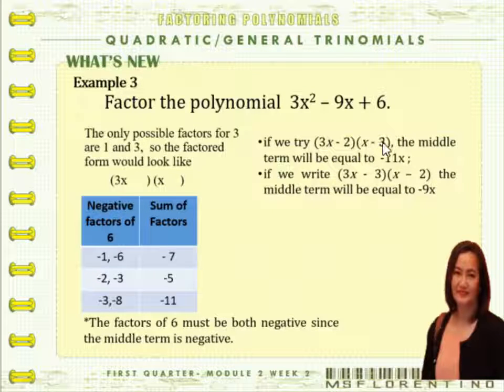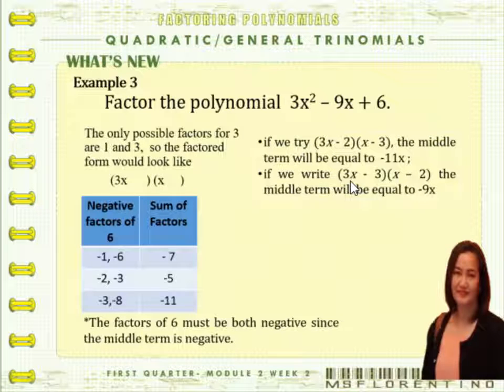Multiplying the outer term, 3x times negative 3, the product is negative 9x. Negative 9x plus negative 2x gives us the middle term of negative 11x, which is not the same as our middle term in the polynomial.